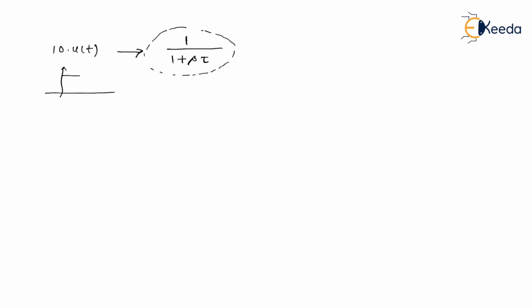It is nothing but a step input with amplitude equal to 10 for t greater than 0, and for t less than 0 it is always 0. This kind of reference input is called a reference input r of t, and we have to see what the output c of t is, that is the controlled output. We have already studied this kind of system, so let me put it this way. The c of t can be plotted this way.